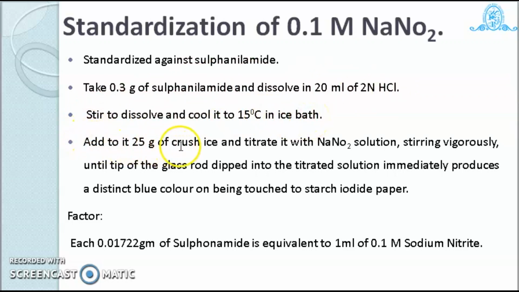Add to it 25 gram of crushed ice and titrate with sodium nitrite solution, stirring vigorously until the tip of a glass rod dipped in the titrated solution immediately produces a distinct blue color on being touched to the starch iodide paper. The factor for the calculation is: each 0.01722 gram of sulfanilamide is equivalent to 1 ml of 0.1 molar sodium nitrite.